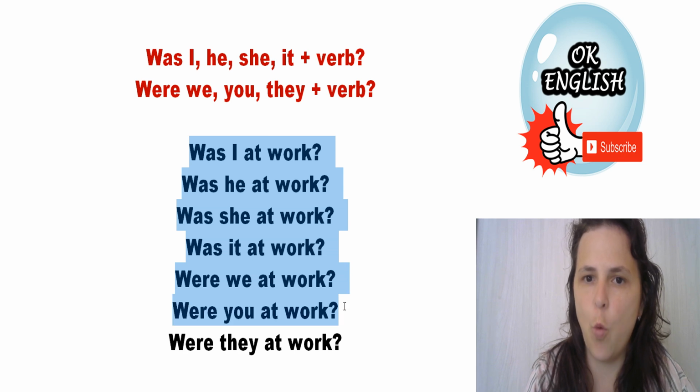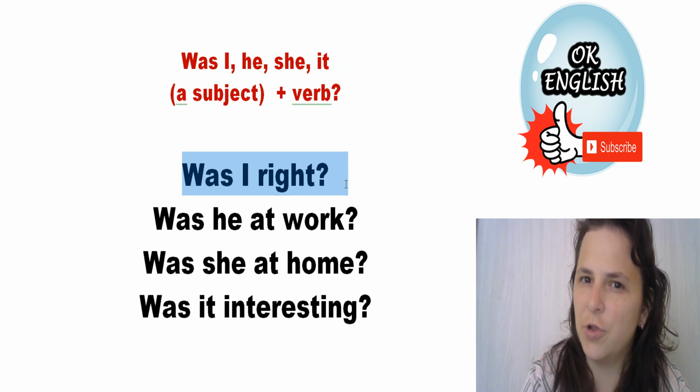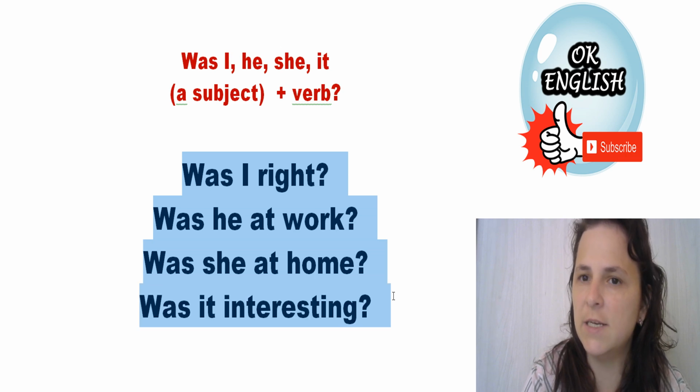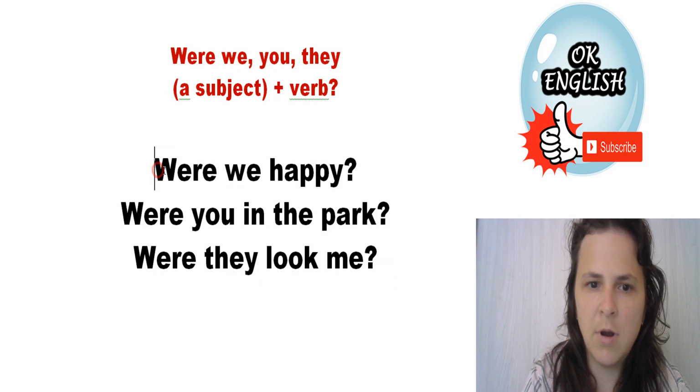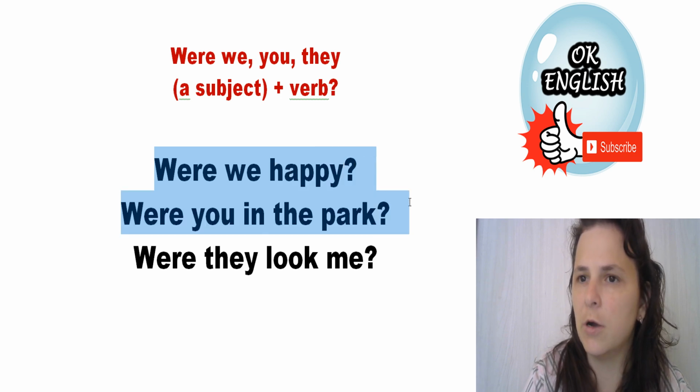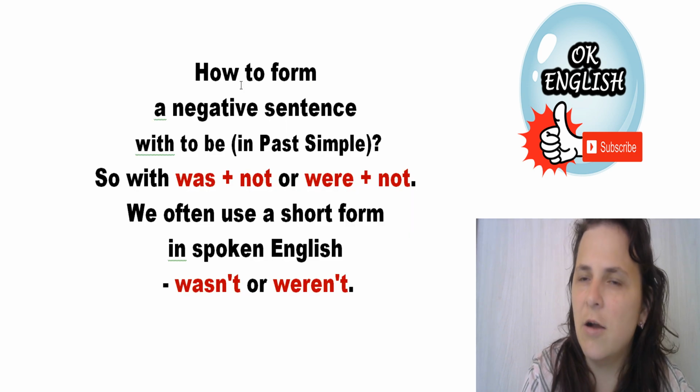Were you at work? Were they at work? More practice for you. Was I right? Was he at work? Was she at home? Was it interesting? Were we happy? Were you in the park? Were they like me?